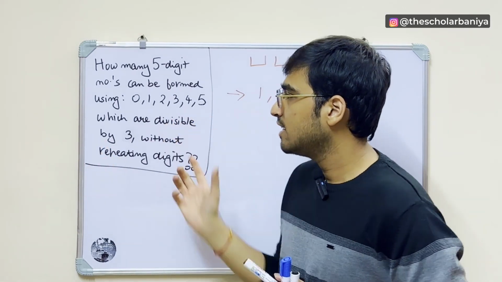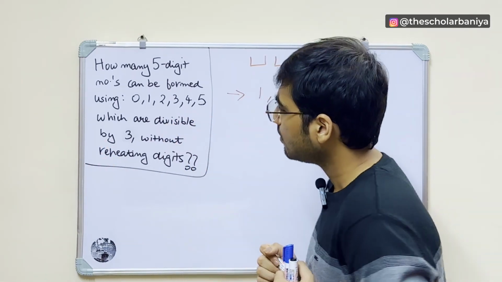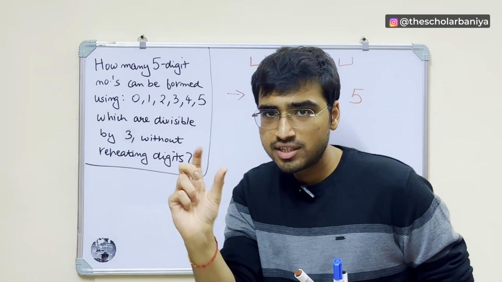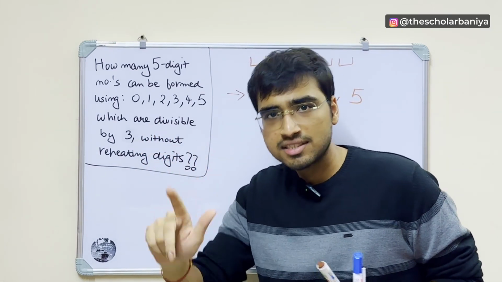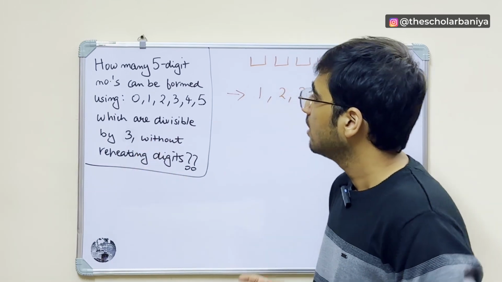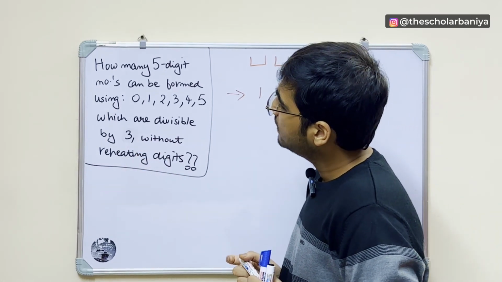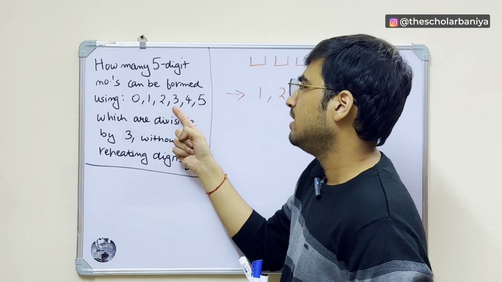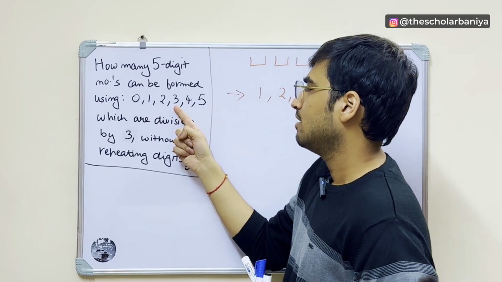So 11 again is not divisible by 3. So basically you have to take a combination of digits such that the sum is divisible by 3, right?